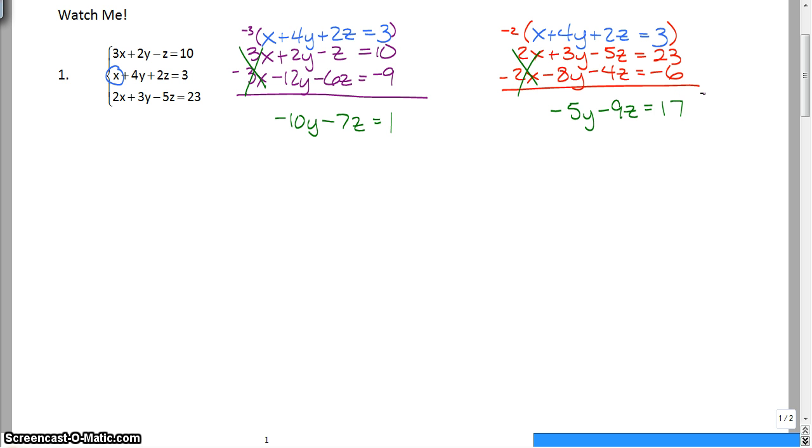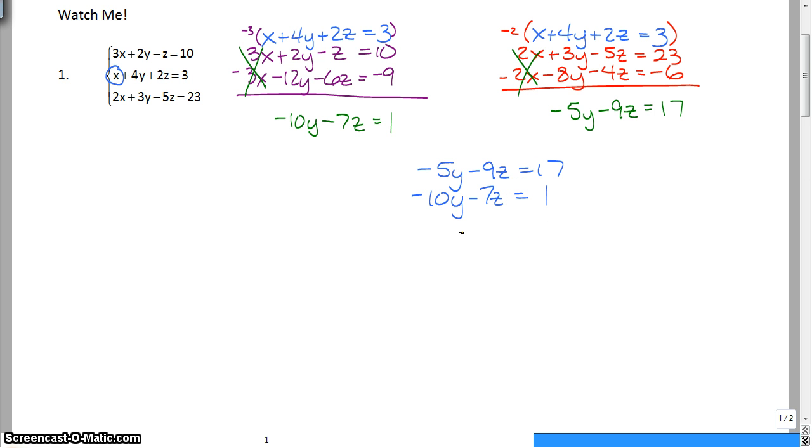So we still have some work to do, but this is something that you also already know how to do. We are just going to create a new system with those 2 equations that are left. So we're just going to write negative 5y minus 9z is equal to 17, and negative 10y minus 7z is equal to 1.